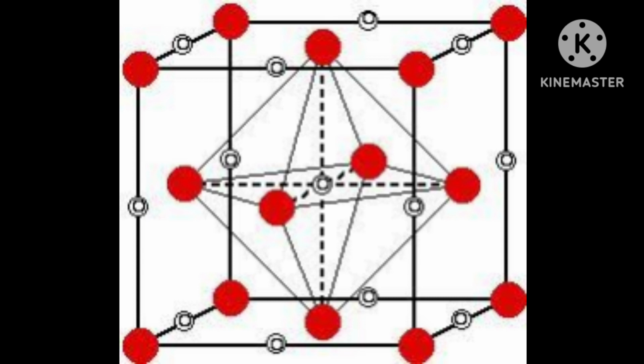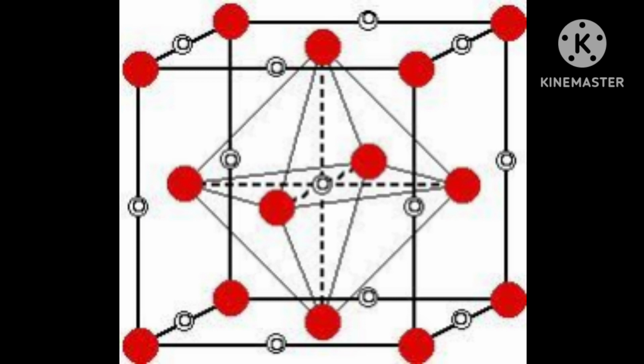I have briefed you; now I am telling you a little in detail. Again consider a unit cell of CCP or FCC lattice. The body center of the cube is not occupied.